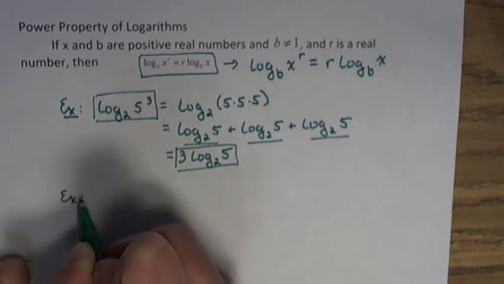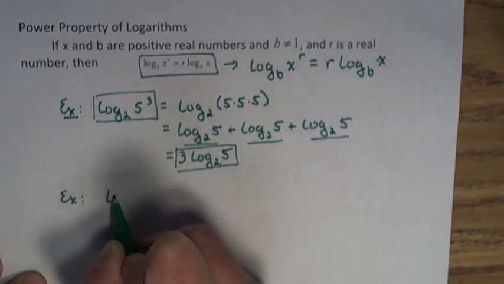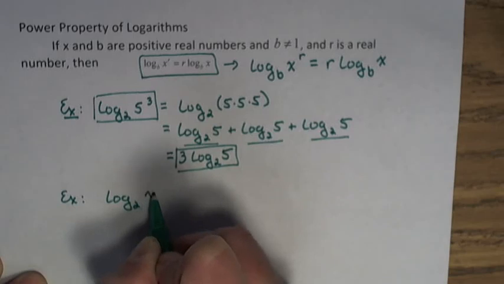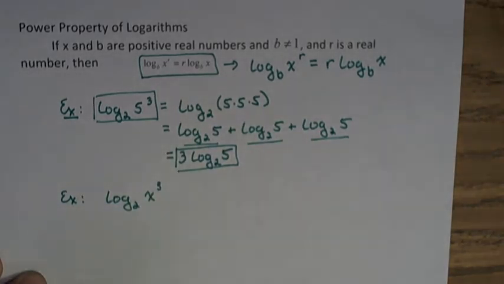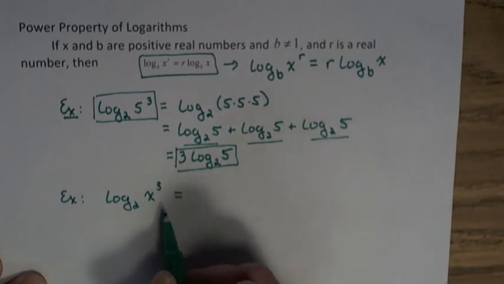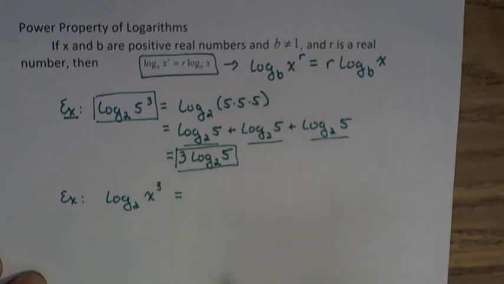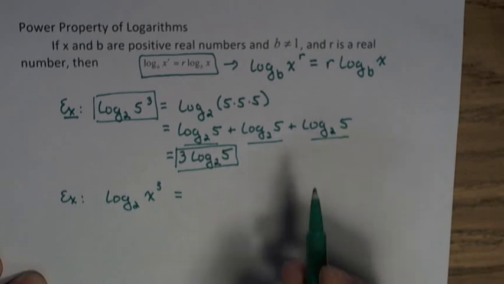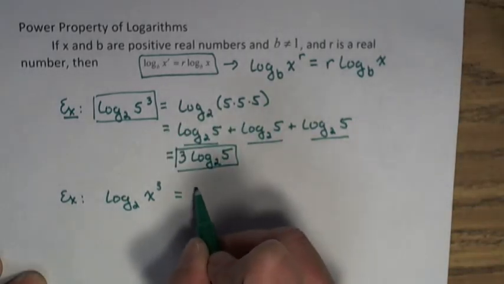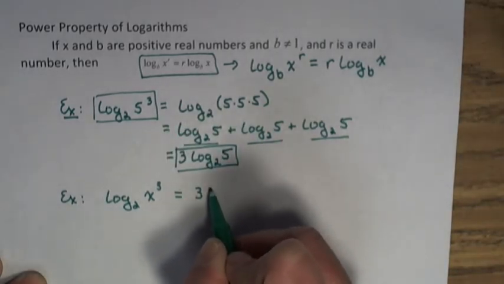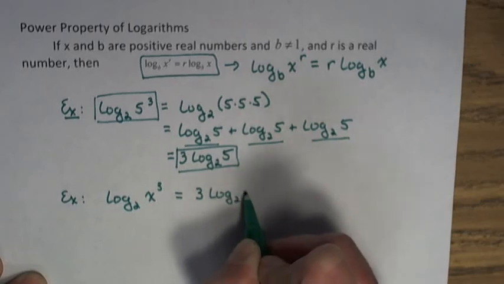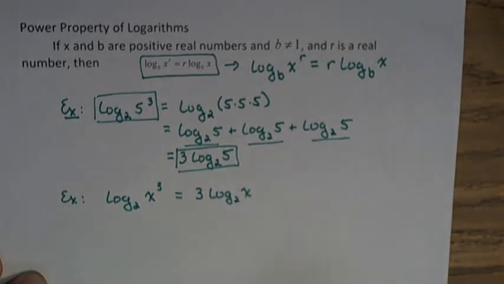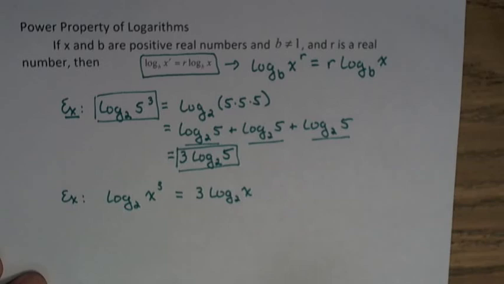So let's start with log base 2 of x cubed. Well, here we have a variable in the base, but again, it'd be nice to get rid of that exponent there, so we apply the power property and we say that we can rewrite this as 3 log base 2 of x. Now that may help us to more readily solve an equation down the road.